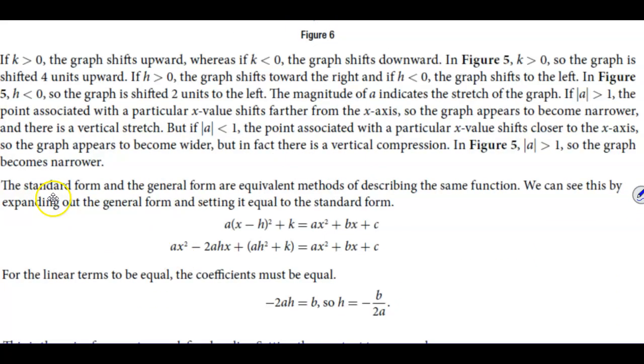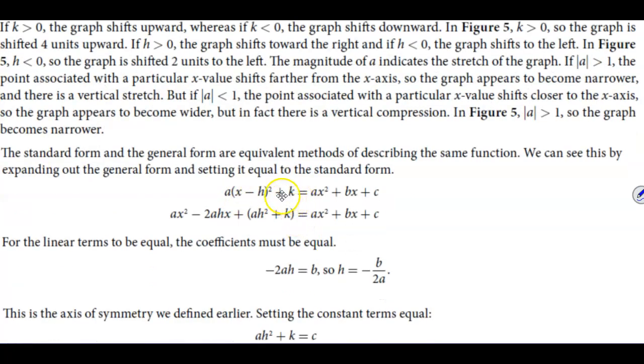Now, the standard form and the general form are equivalent methods of describing the same function, meaning that they're equal to each other. We can see this by expanding out the standard form and setting it equal to the general form. So here you can see we have a times x minus h squared plus k.